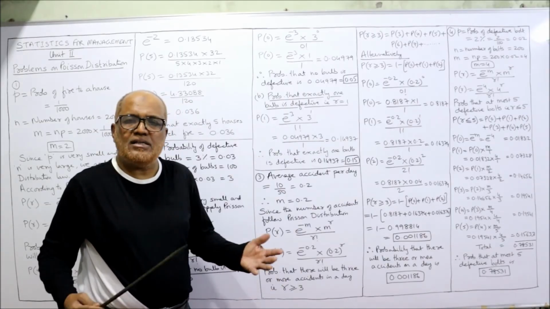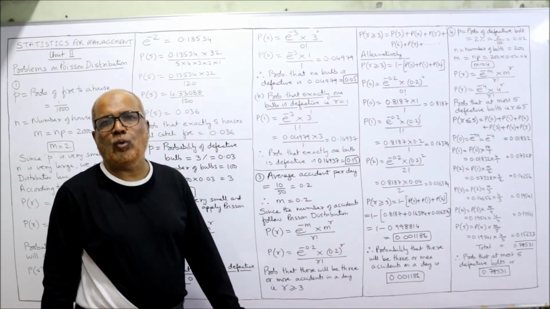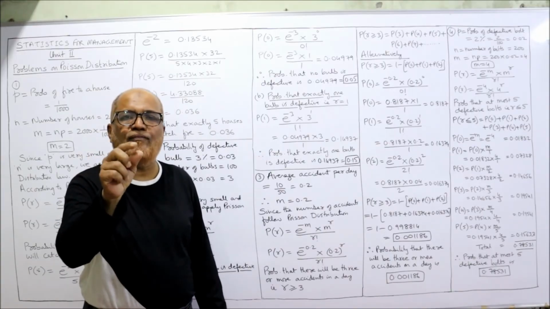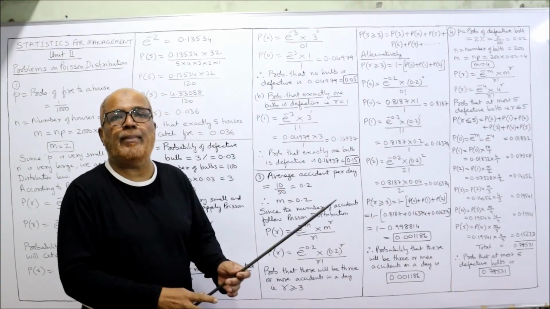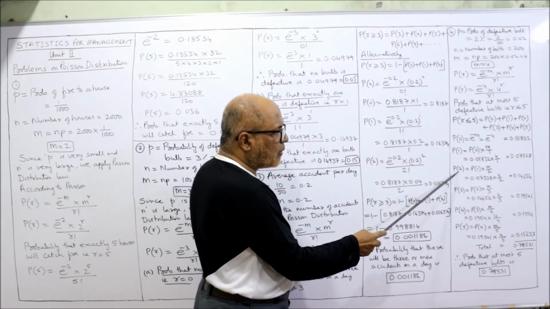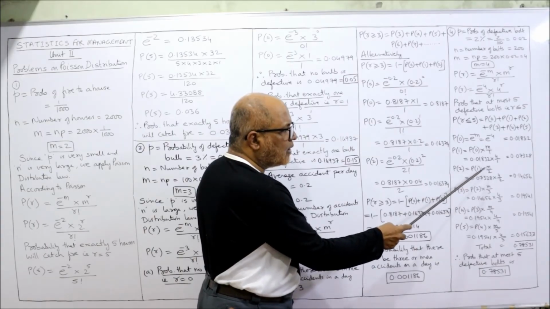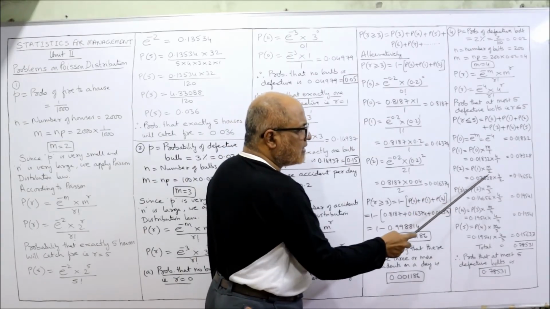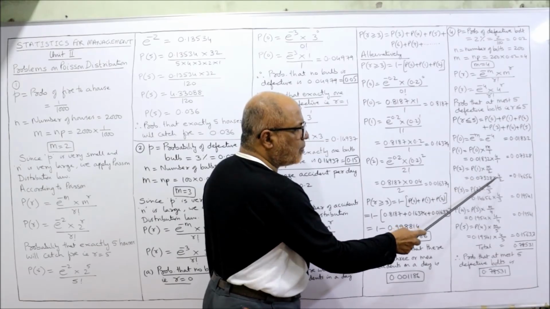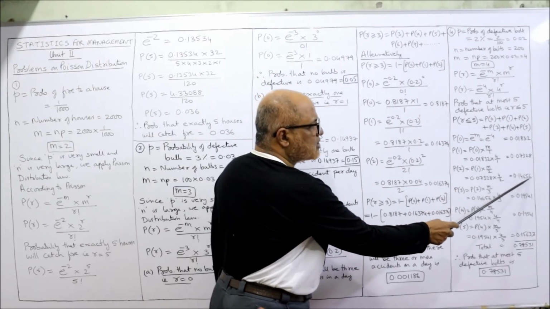So directly, easily we got P of 0 and P of 1. Now P of 2 is equal to P of 1 into m by 2. So P of 1 is 0.07328 into 4 by 2. m is 4, so 4 by 2 gives 0.14656.